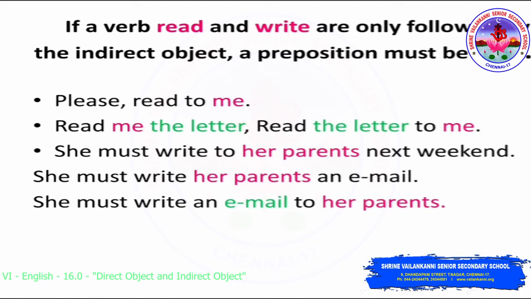So, the indirect object is me, and the direct object is letter. Or, read the letter to me. Then you can say that me is the indirect object and the letter is your direct object. So, please read to me, read me the letter, or read the letter to me. All these three sentences are the same.